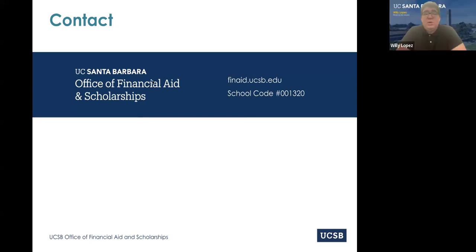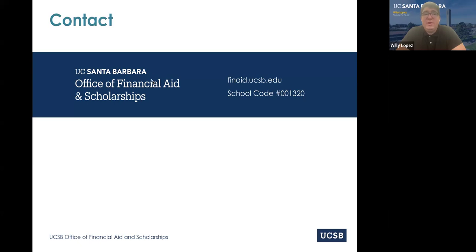So yeah, all UCs do have similar criteria in regards to institutional aid. Each one will be different, and some may have different criteria than others. But typically they all have the same kind of criteria and standpoints to make sure that all students with need-based requirements do get the most financial aid possible in order to cover their educational expenses.